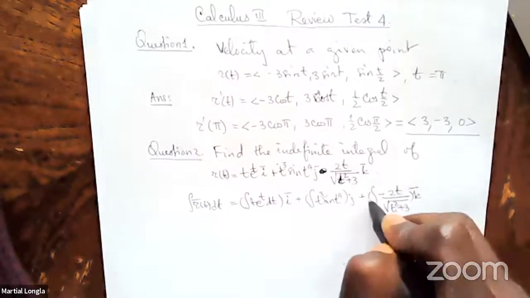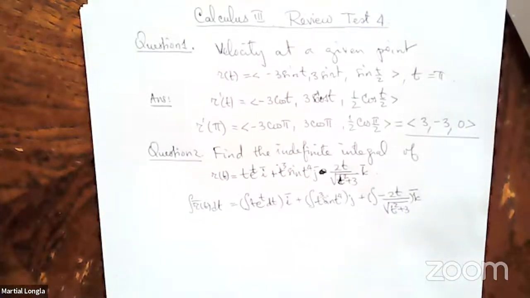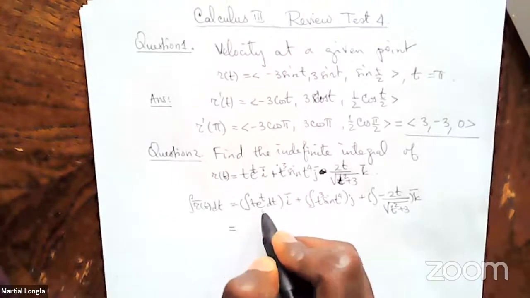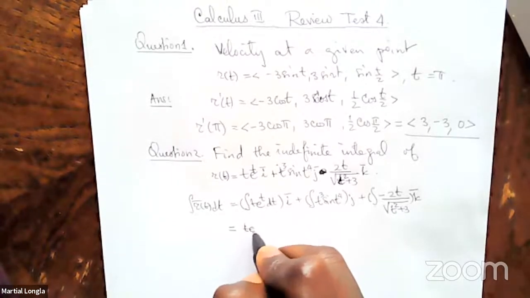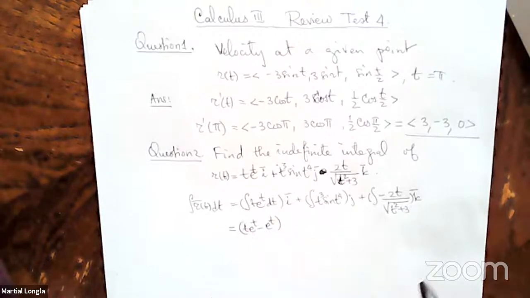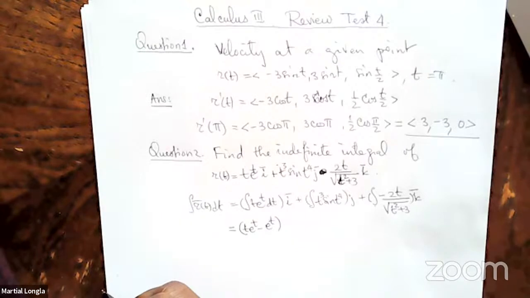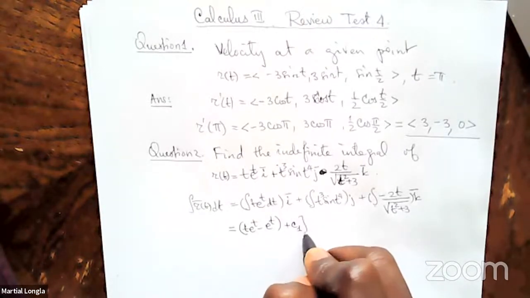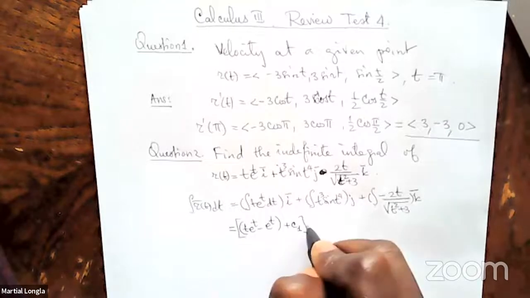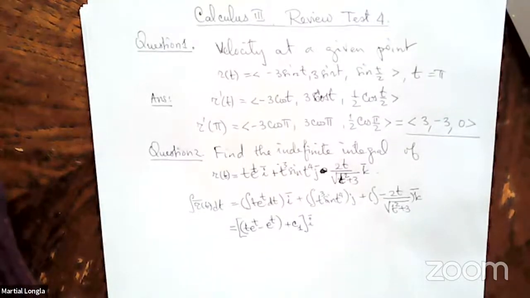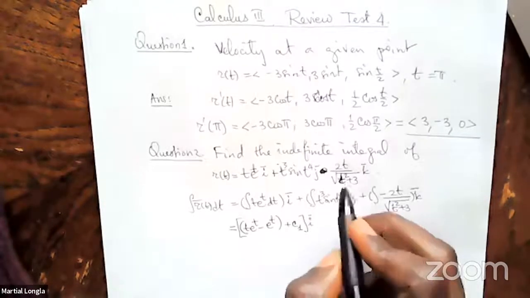Okay. And when you integrate this first one, you get t e to the t minus e to the t, and that's going to be plus c1 times i. That is a constant of integration for every integral you take.